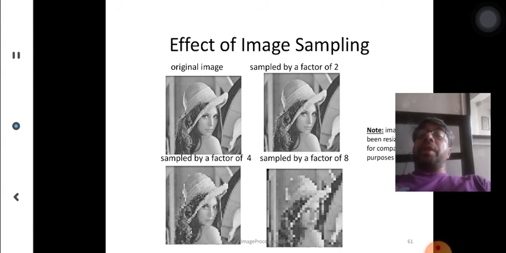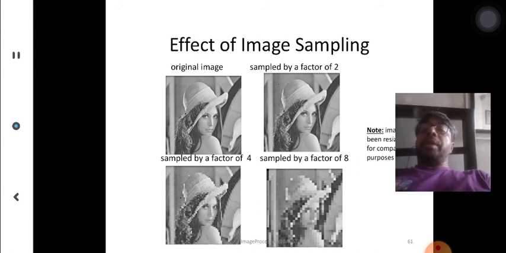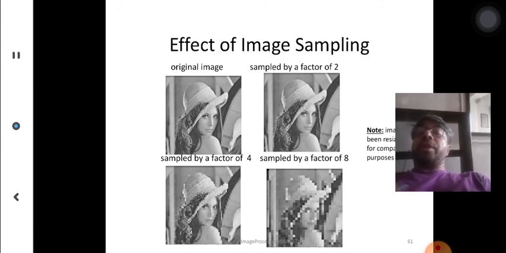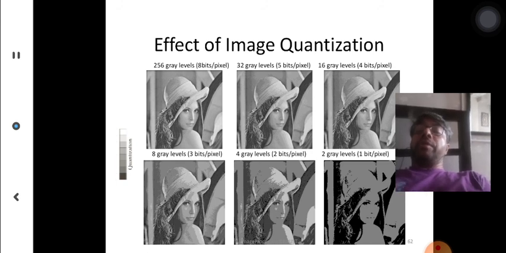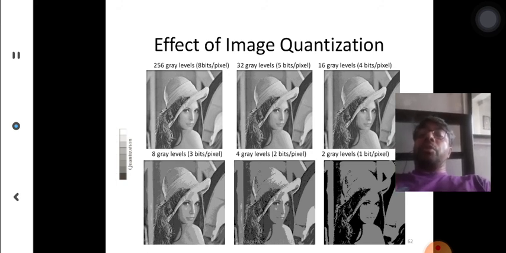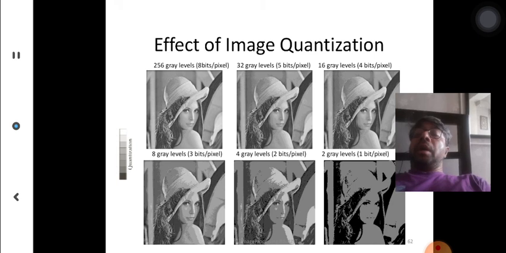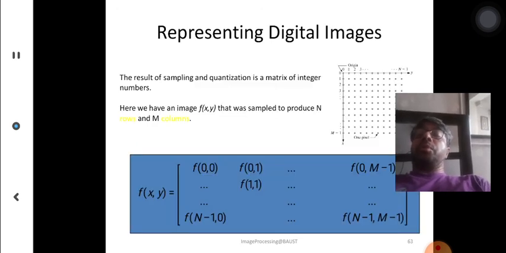Effect of image sampling: you can see the original image, and then the quality gradually deteriorates when you sample by a factor of 2, a factor of 4, and a factor of 8. The decrease happens because the sample rate is lower than the required criteria. The effect of image quantization is also similar: the more quantization levels, the better the representation, and the fewer the quantization levels, the poorer the representation.